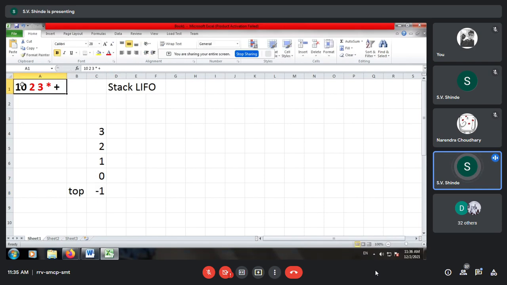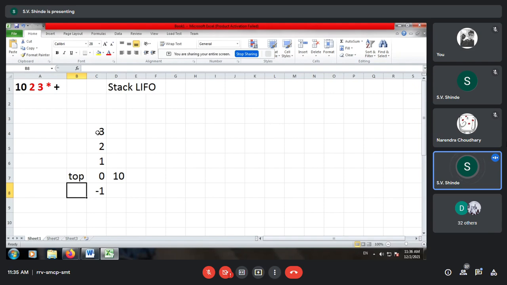So whenever you get a particular number, we put it on the stack. So the first step is we put 10 on the stack. Then our top will be incremented by 1. So top will move forward.